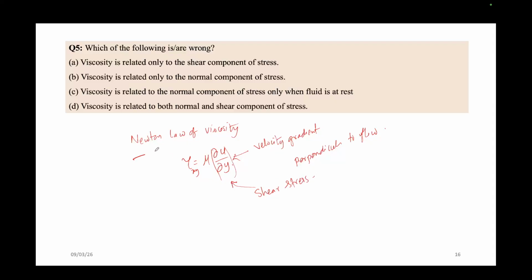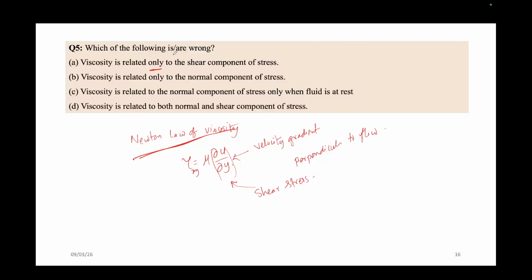So if it is Newton's law of viscosity, then option A is correct. But in the question, nothing is mentioned about whether it is Newtonian or any other fluid. Either Newton's law of viscosity is followed or not. That's why this option is not fully correct. If the word only is not given, then option A is correct.